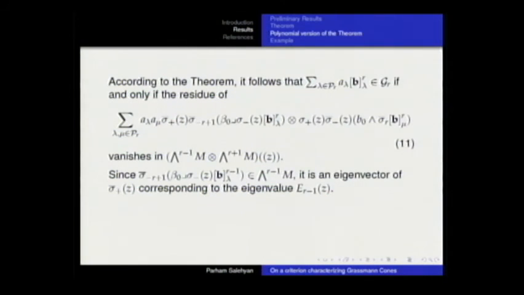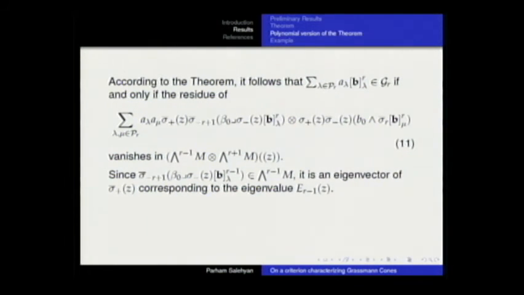Now, coming back to the theorem, remember that an element of wedge R of M is an element of the Grassmann cone if and only if the residue of this formal power series vanishes as an element of this ring.